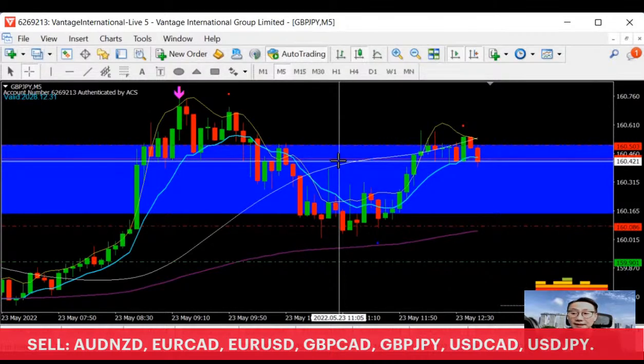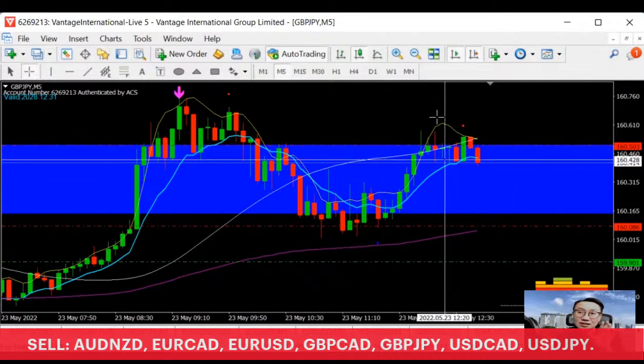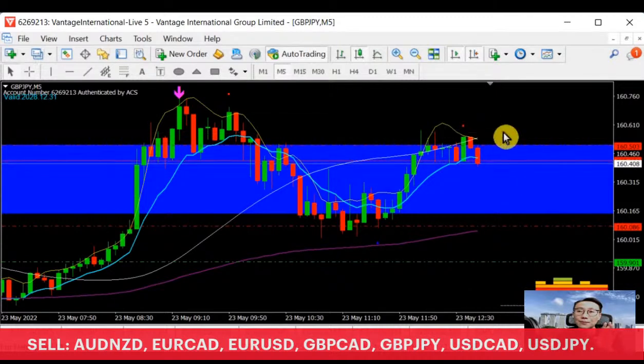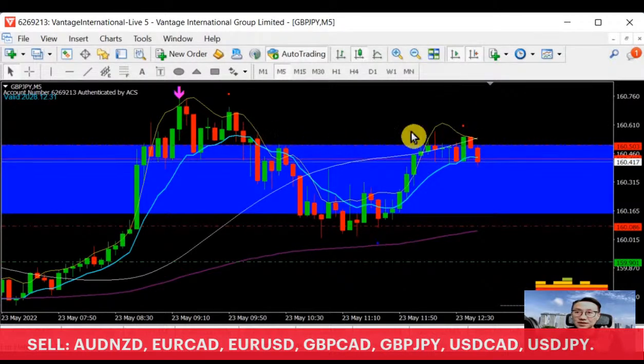So right now, in this situation, we are starting to build a new resistance. Based on the previous resistance, we are building a new resistance to have a new wave over here. Look at this new wave.